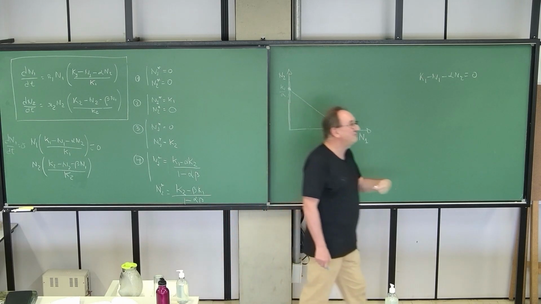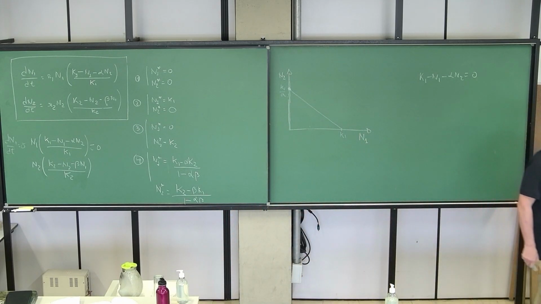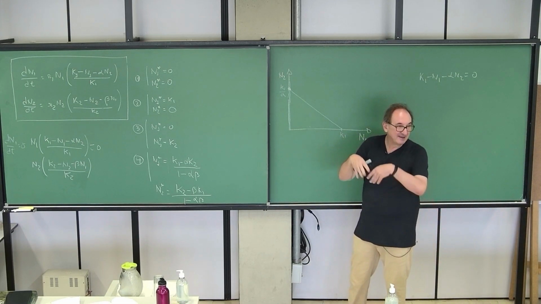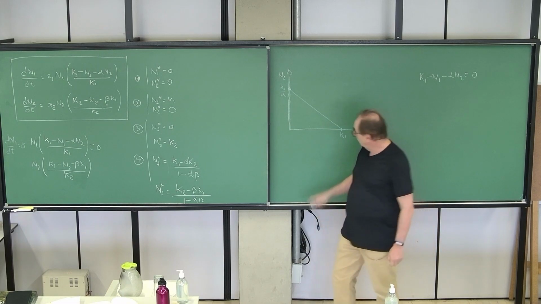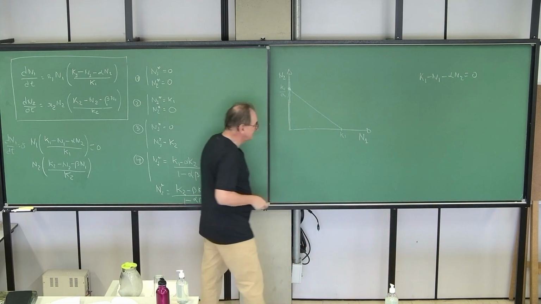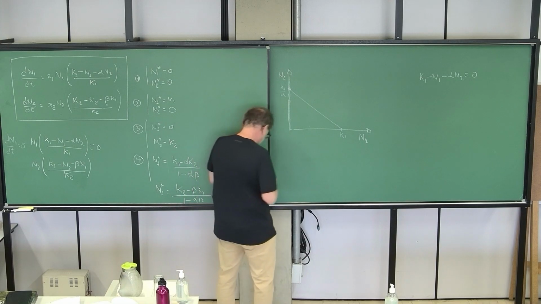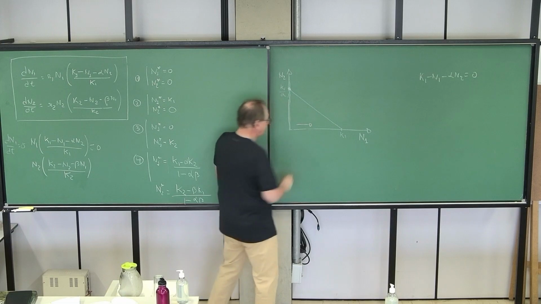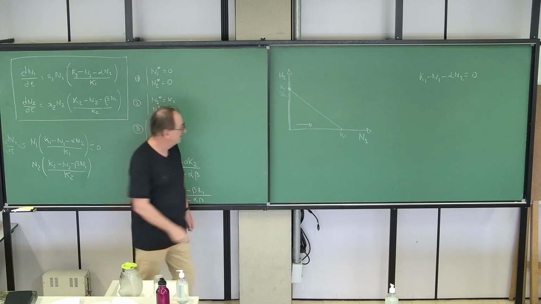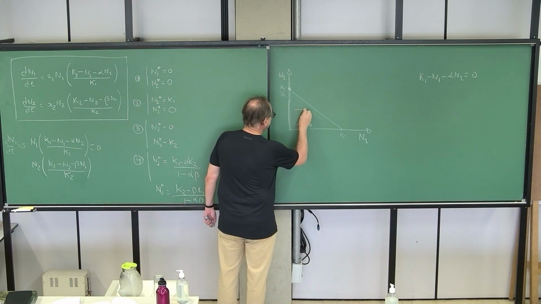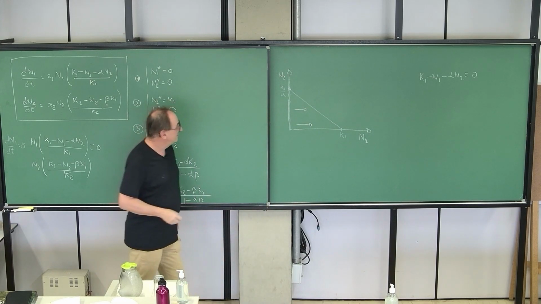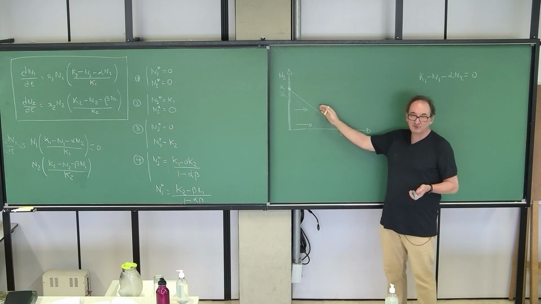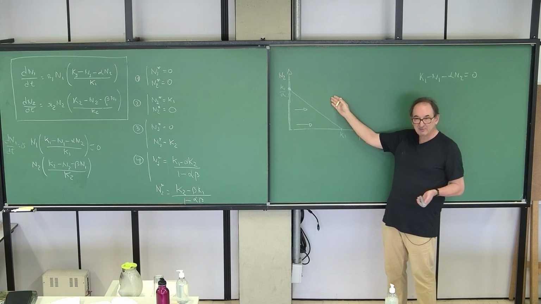Now, where will it be positive or where will it be negative? We know that near the 0, 0, everything grows. So on this side, which contains the 0, 0, n1 has to be an increasing function. So I will plot this like this. Sometimes you plot even 2 things. And once you cross from where you are positive, you go to 0, then you will have to be negative here.